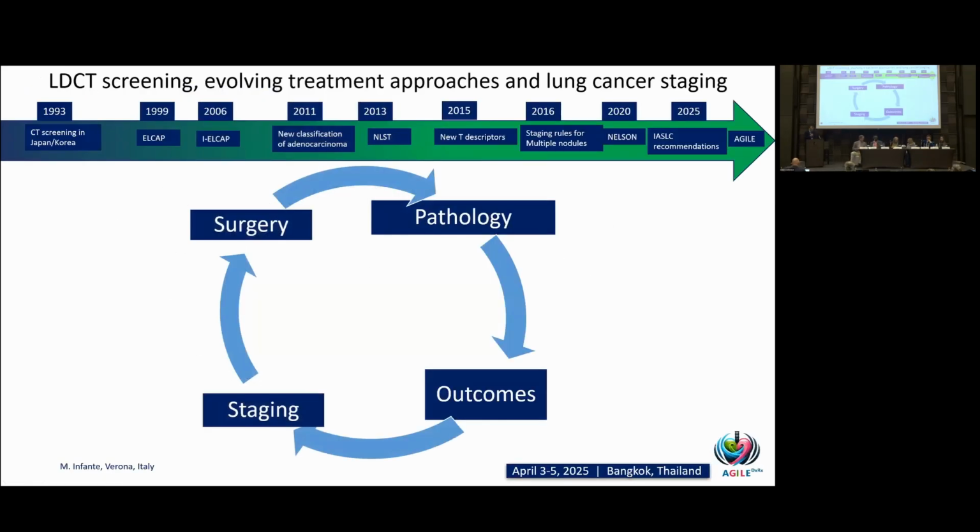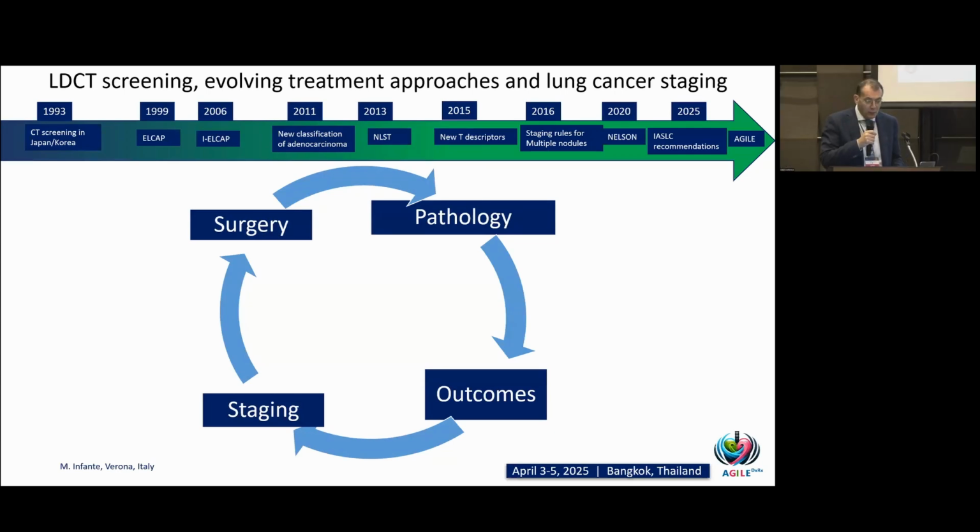This is going to be a bit more philosophical. Of course, what is the contribution of surgery towards improving the staging system? I would say the joint contribution of low-dose CT screening and surgery towards improving the staging system.